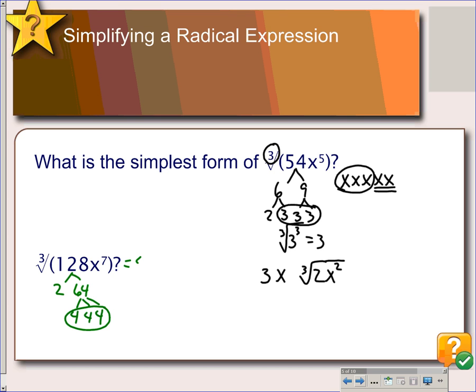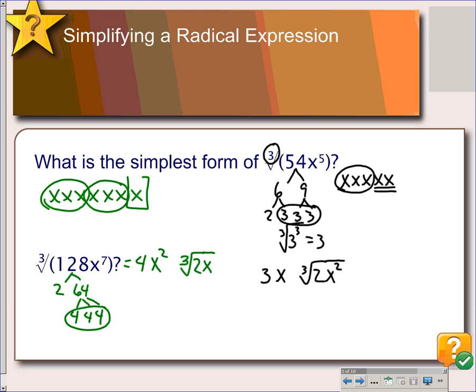So we're going to take the cube root of 64, which is 4, out of the radical, and the 2 is not a perfect cube, so we'll leave the 2 in the radical. With the x's, we have 7 x's. We're looking for groups of 3, so we have 2 groups of 3, so that's x squared, and 1 x left over, so that stays in the radical.